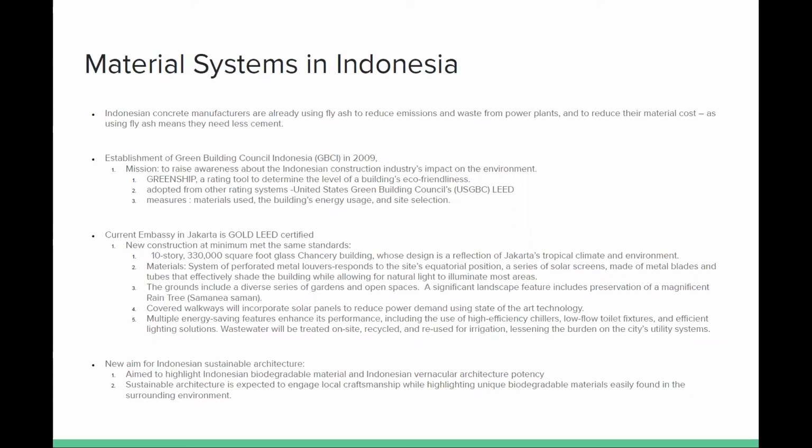really incorporating their Green Building Council, which established a rating system for green building practices, as well as their new building systems meeting at minimum the standard of their current embassy in Jakarta, which is gold certified, which uses a lot of metal systems for shading, integrative landscaping for use of gardens and spaces, but also for mitigation of water, as well as covered walkways and multiple energy saving features.